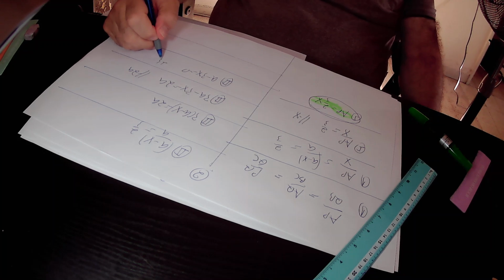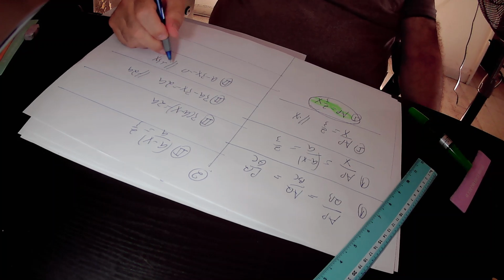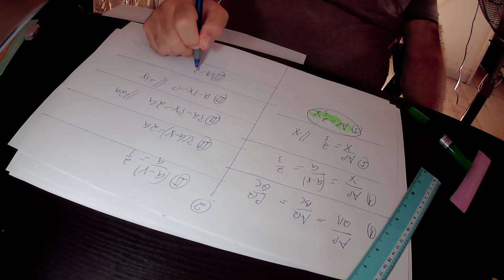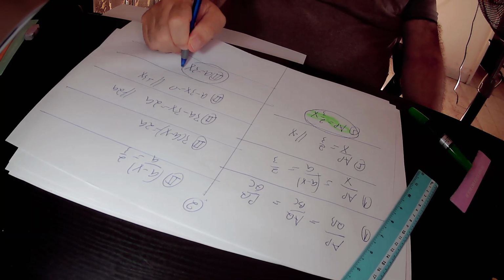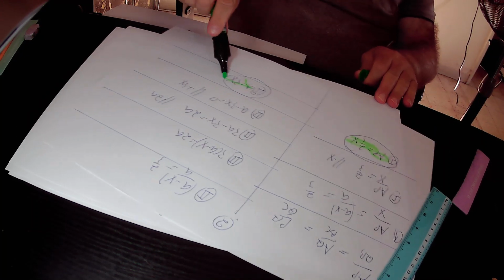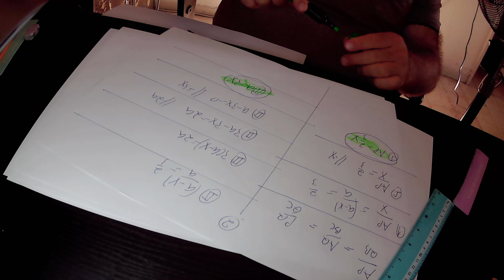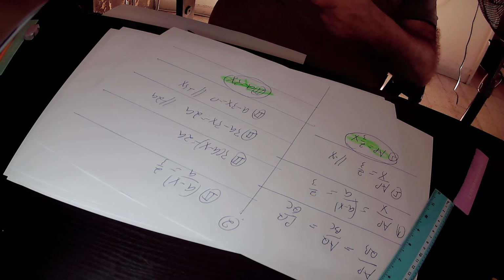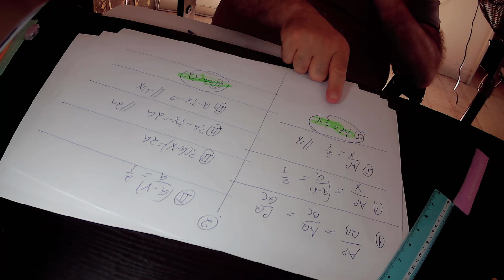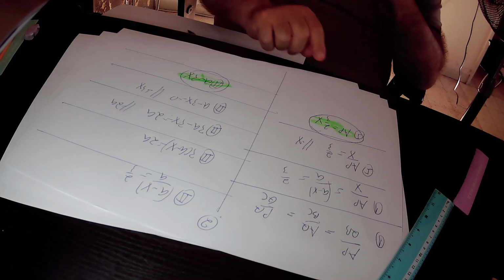Here we add 3x to this equation 2, and finally we get that according to equation 2, a equals 3x. Well, according to equation 1, AP equals 2/3 x.